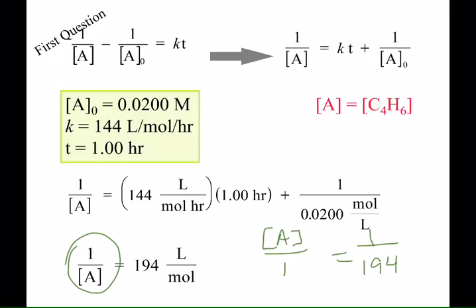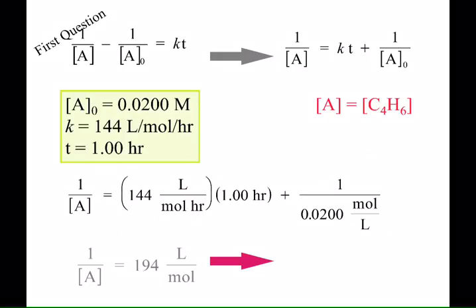And that 194 is units of liters per mole. And so that will give you units of moles per liter. So 1 divided by 194 gives you a value, 3 sig figs, of 0.00515, and units would be moles per liter. Any questions about that?